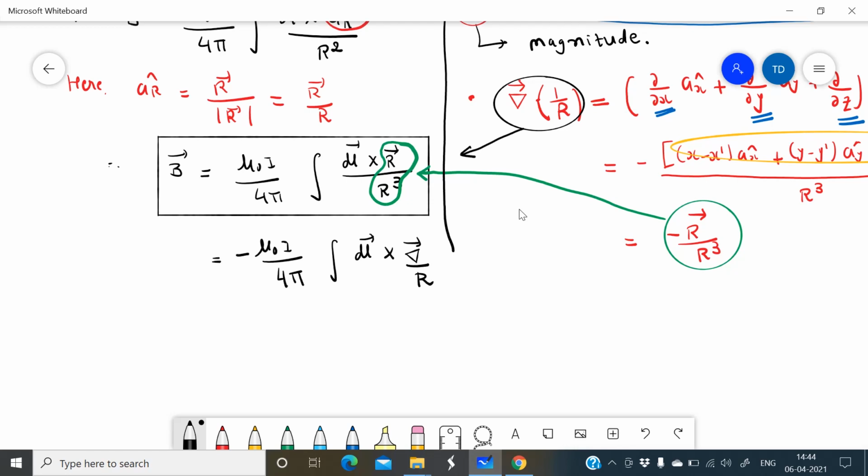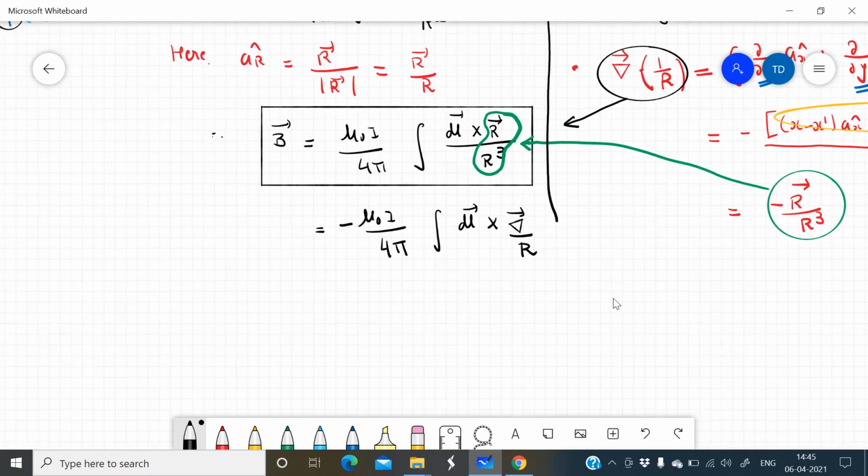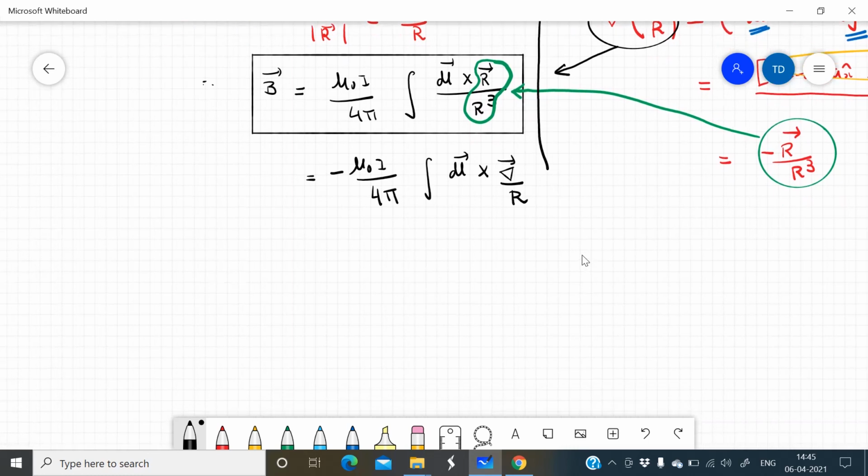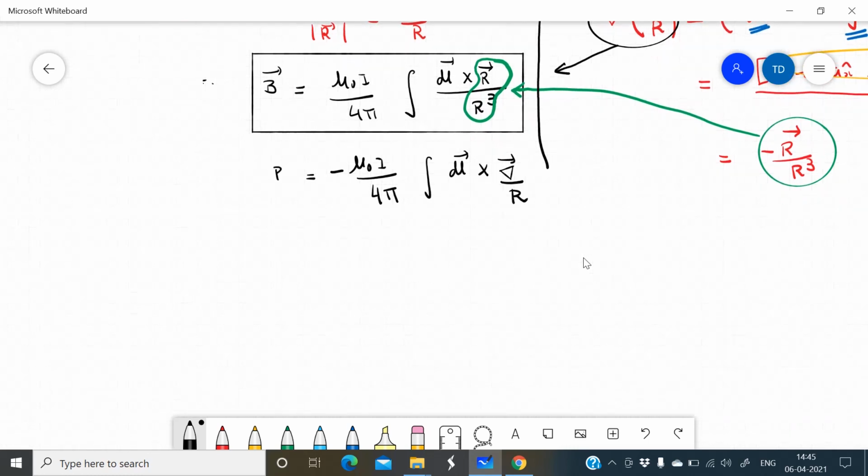Now I can write this quantity in this form also: mu 0 I upon 4 pi, dl cross del of 1 by r. So this is my equation.